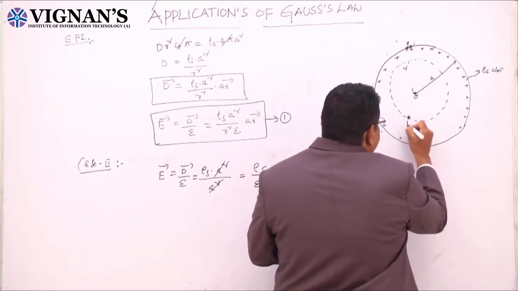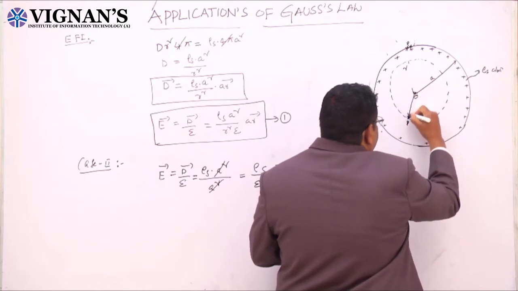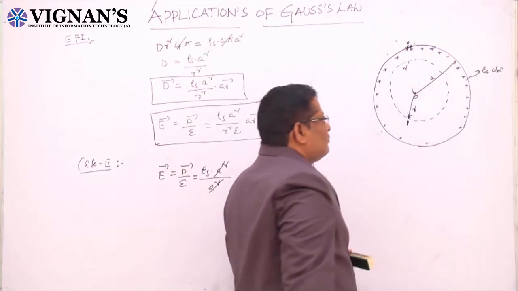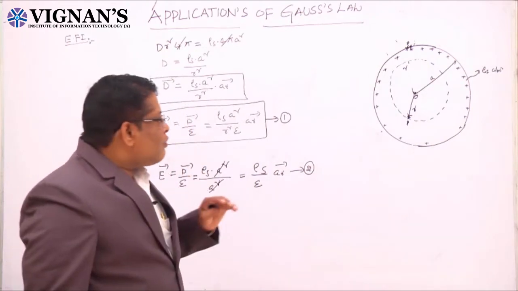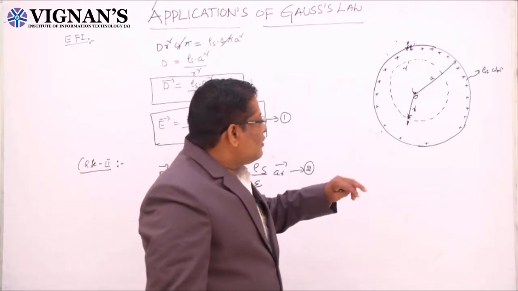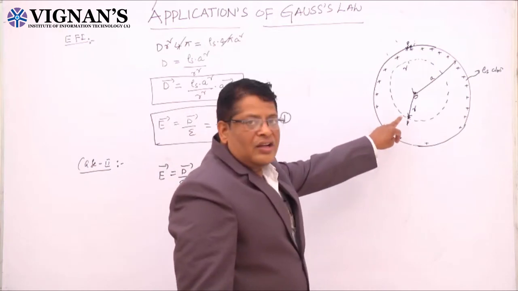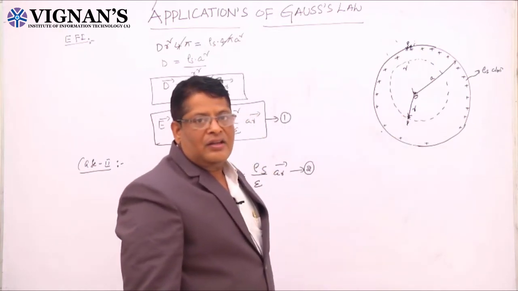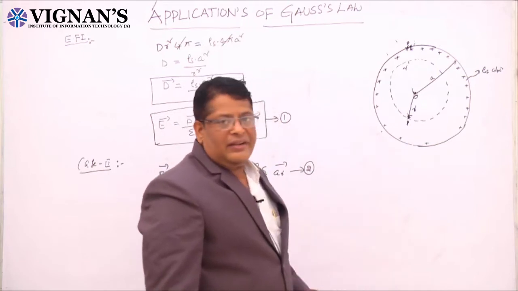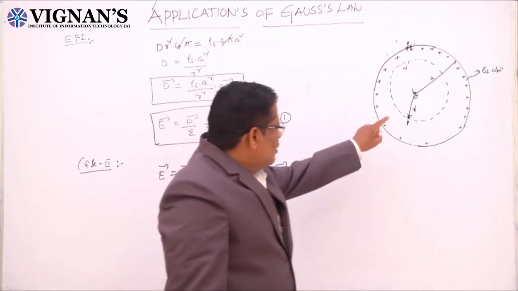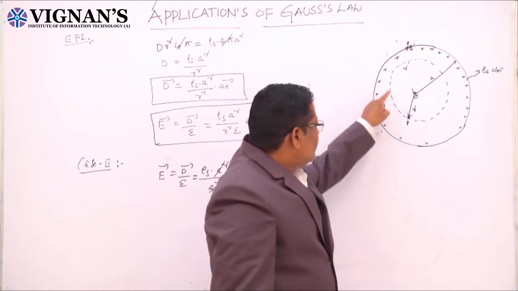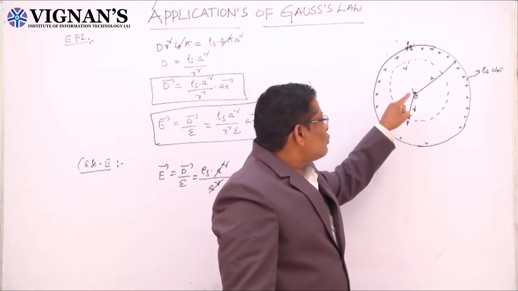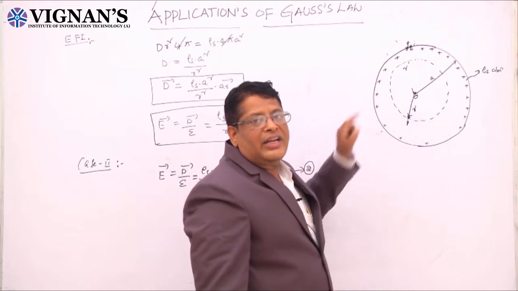Third case, this is the point P. This is R, this is the small r. In case 3, we are trying to find what is the electric field intensity inside of the charged shell. So that's why we have taken the Gaussian surface that is sphere which is shown with a dotted line in the diagram.